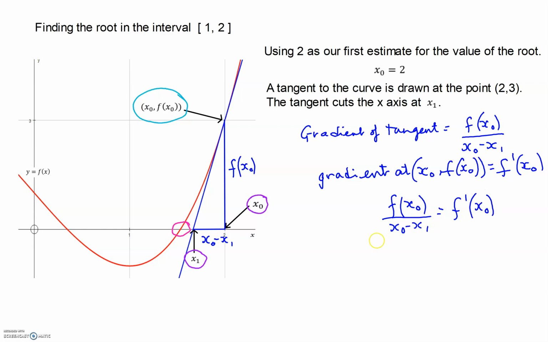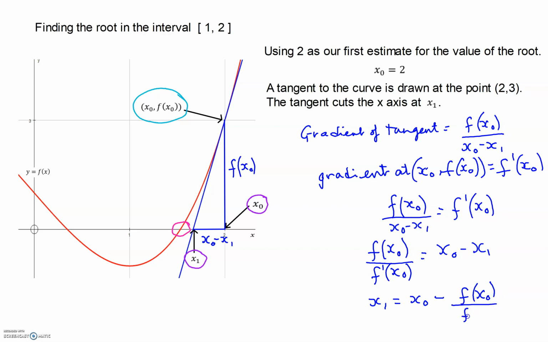We'll rearrange this, so f of x0 over f dashed of x0 equals x0 minus x1, and we can simply rearrange this so that x1 is x0 take away f of x0 over f dashed of x0.